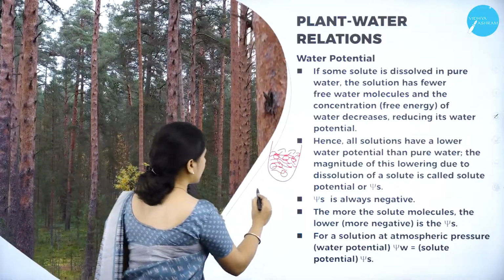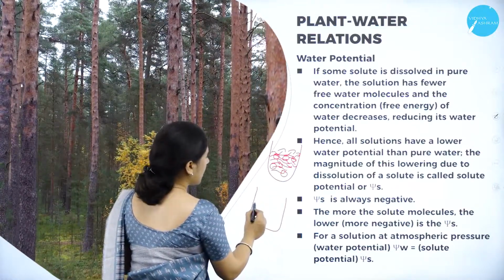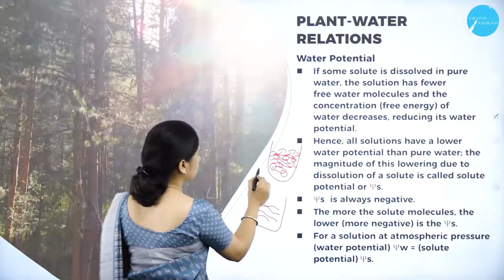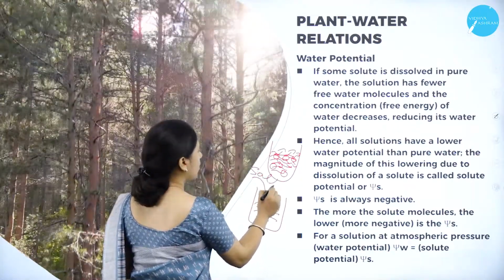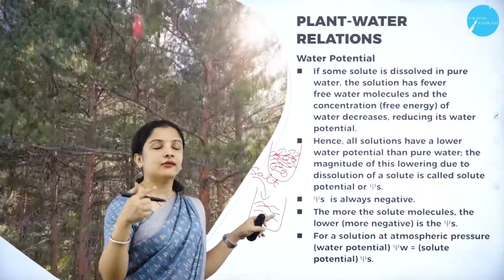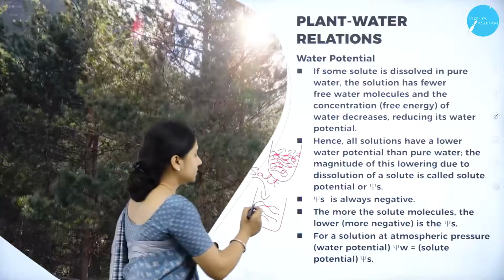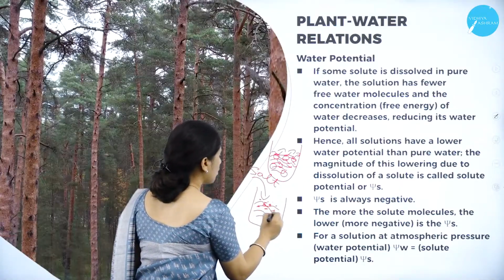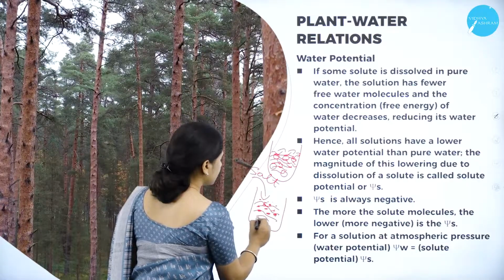On the other hand, I take one more beaker and I add water, and to this water I add a solute. Say for example, I dissolve salt in this. Now here I have dissolved too much salt, more than the water molecules that are there. So here the salt molecules are more and the water molecules are less.